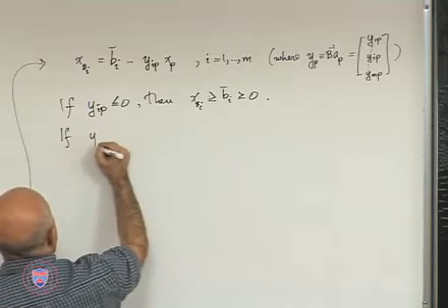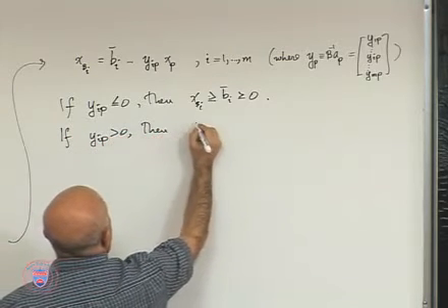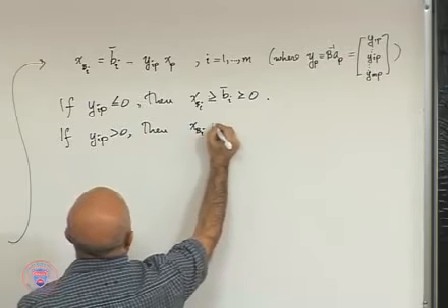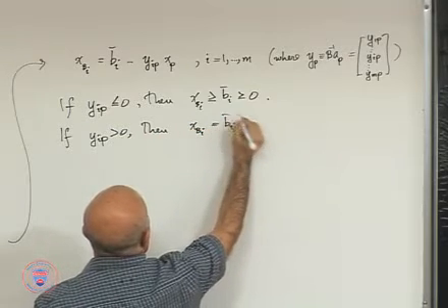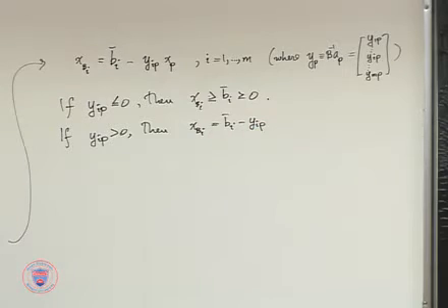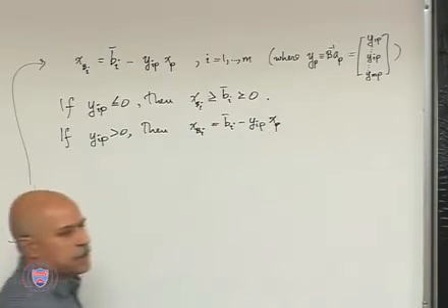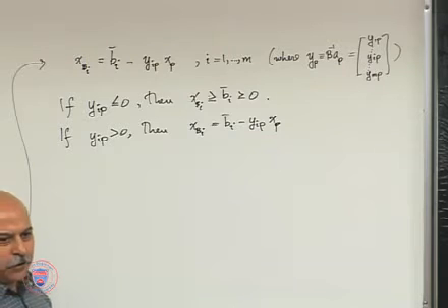If, on the other hand, y_ip happens to be positive, then x_Bi as dependent on x_p is simply the current value minus a positive number times another positive number. So this will start going downhill from the current value.